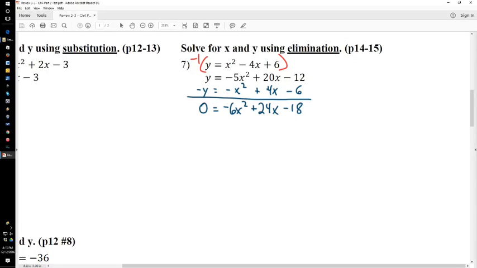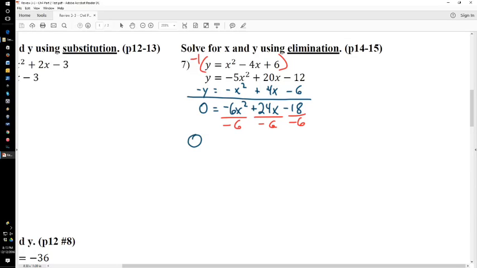Now we can solve this. The first thing you always want to try and do when you're solving a quadratic is see if you can reduce it. In this case, they're all divisible by 6. So I'm actually going to divide out a -6. That way, again, I like my x squared positive, like I've said before. So out of every last one of these, I'm going to divide a -6. Alright, and I'll factor it out front.